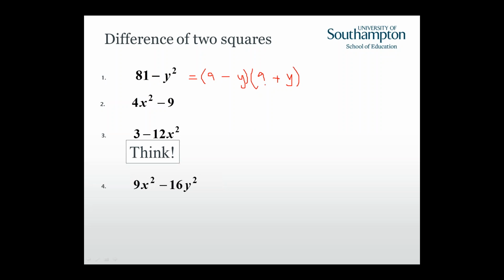And if you just check it, you get 9 times 9 is 81, minus 9y plus 9y cancel out, minus y squared.